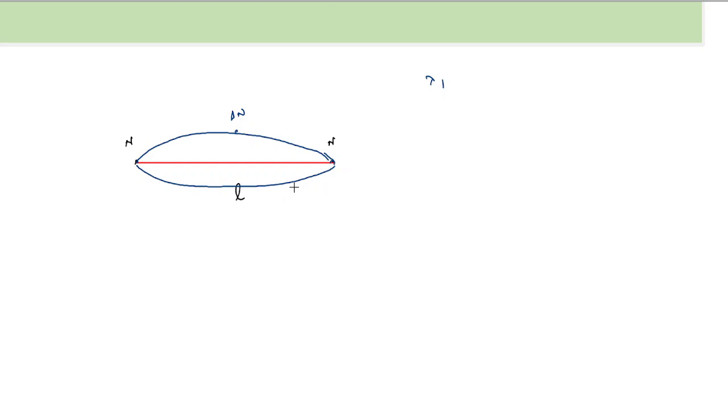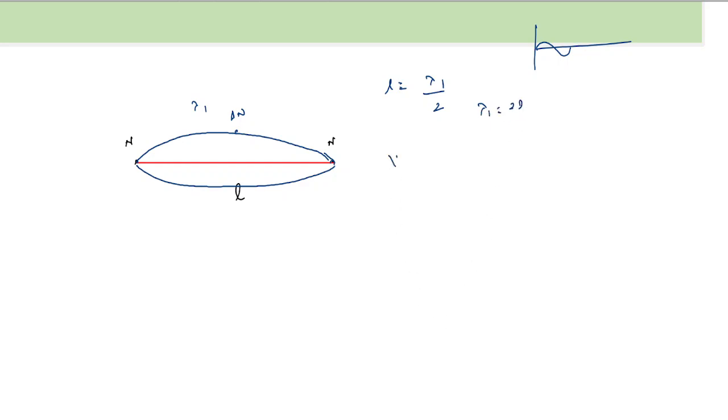What is seen here is that the entire length of the string contains half of the wavelength, because a complete wave has two loops in it. So lambda 1 is equal to 2L.